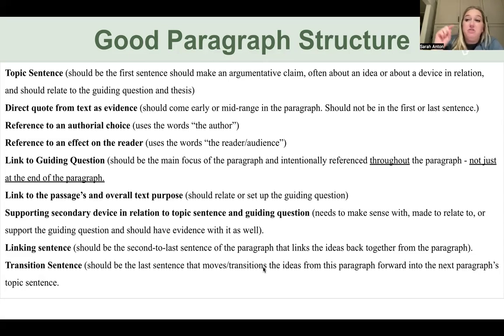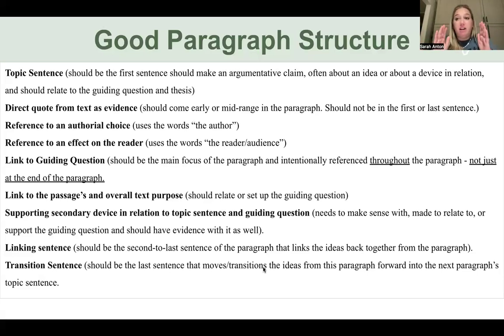And then I'm going to go into a secondary example of that humorous diction and pretty much do the same thing with some linking and transitioning sentences at the end so that I can get to my next body paragraph. However, if I'm talking about an overall concept in a body paragraph, I may use two different literary features. So this would be diction and something else in this paragraph, but I'm using those things as the choices to talk about the effect.